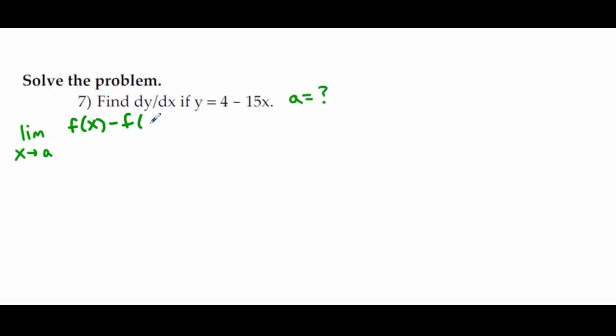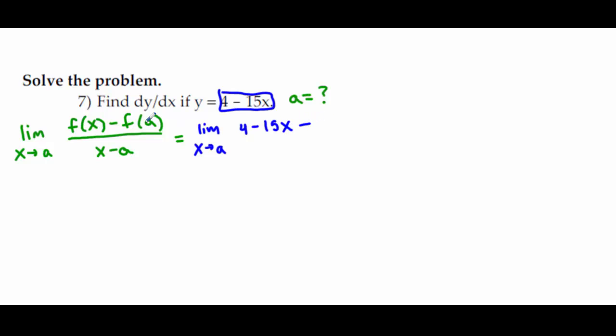So this is the formula I'm going to use, and it's not actually any different than what's on the front of your review because there's no number to put in for a. We just need to fill in f of x, which is simply our function. This is f of x. So I'm going to put the limit as x goes to a of 4 minus 15x minus f of a.